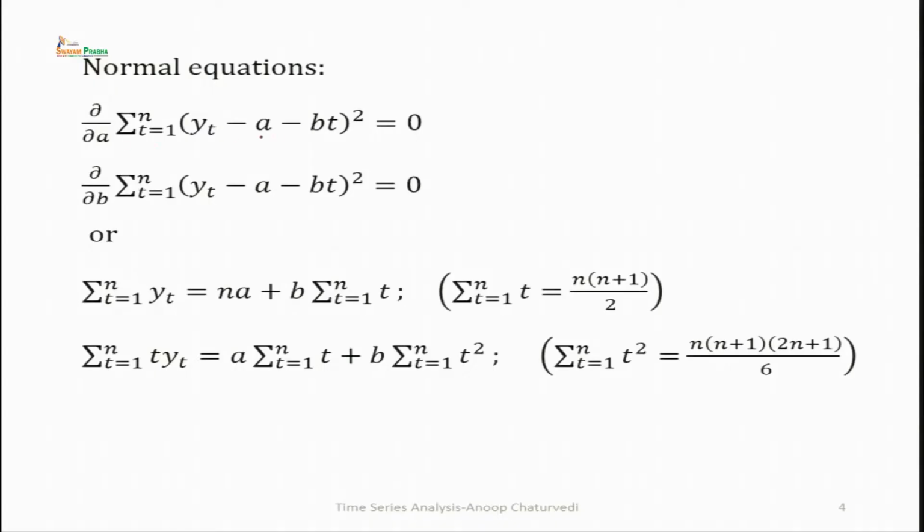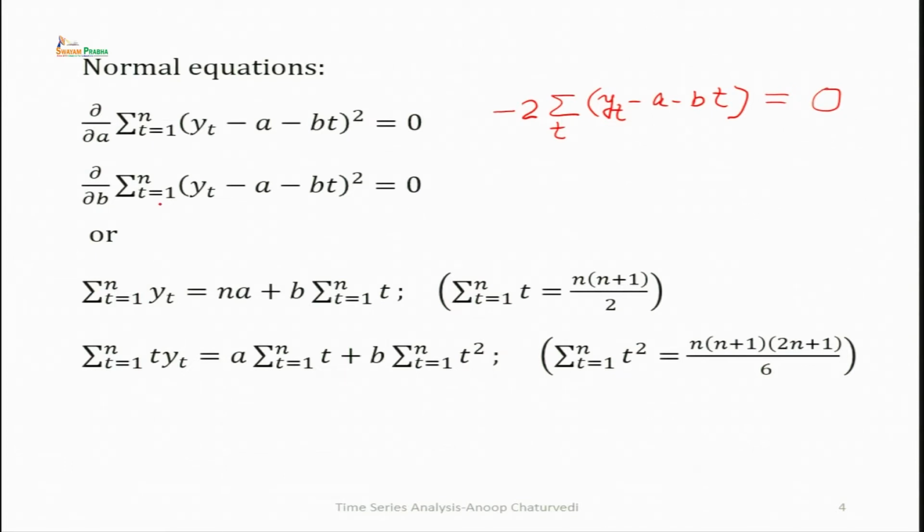Now, if you differentiate with respect to a, this term has power 2, so you get 2 here, summation over t of y t minus a minus b t, and then we differentiate this part with respect to a. So, you get minus 1 here. So, we put a minus sign here. This is equal to 0.